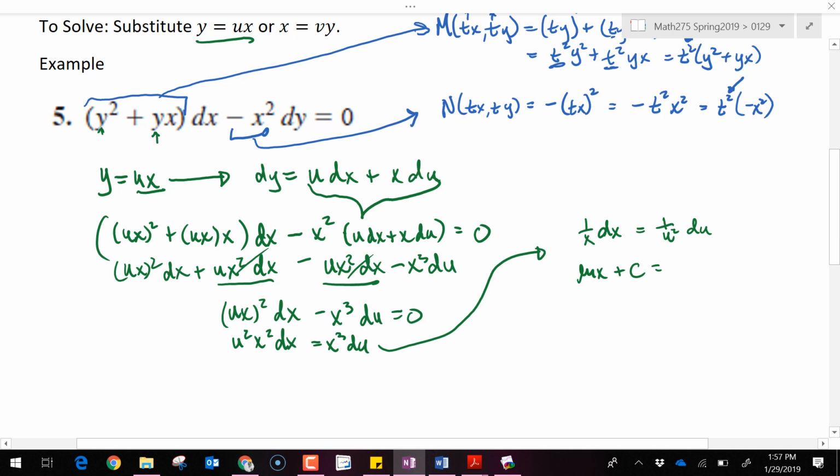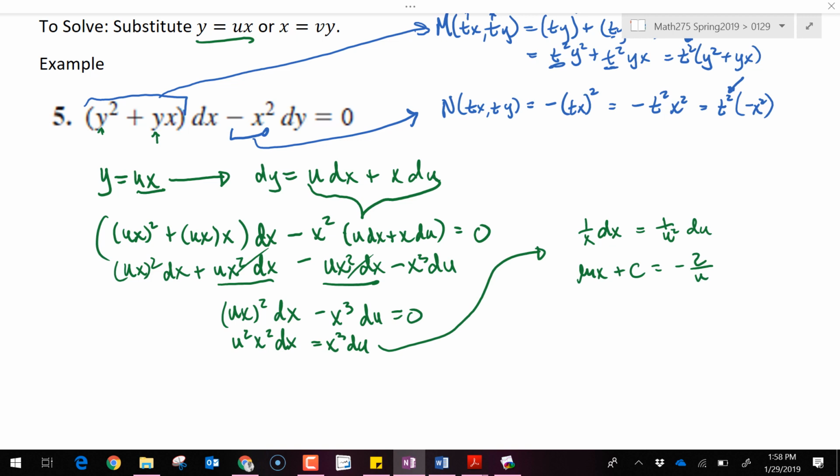No. Negative 1 over u. u to the negative 2 power. Oh, there's a 2 that comes out, right? Negative 2 u to the negative first power. Oops, I got one too many negatives, I suppose. Is that good?